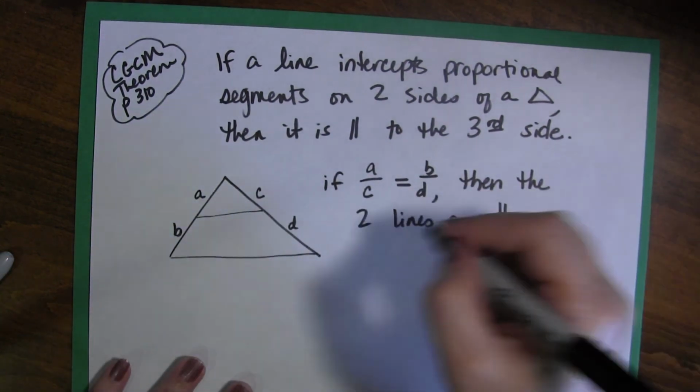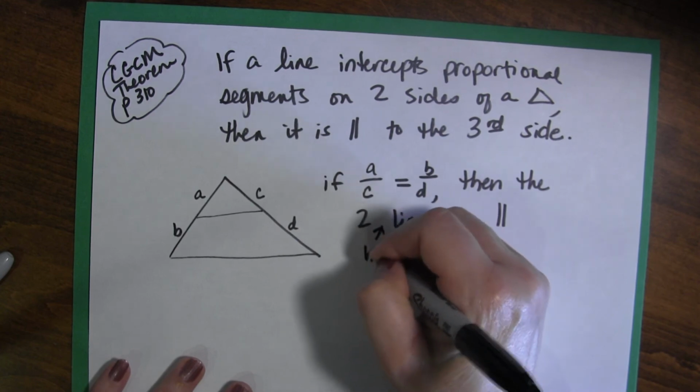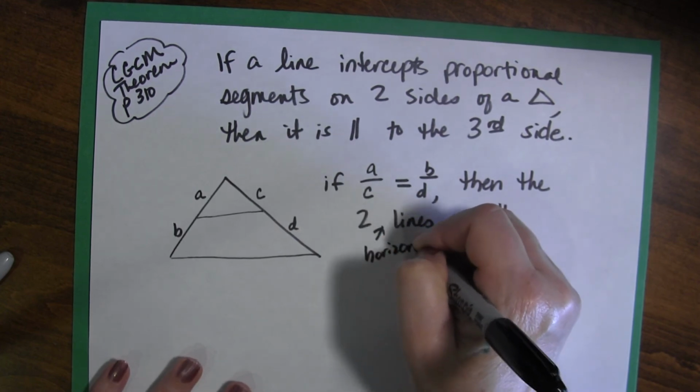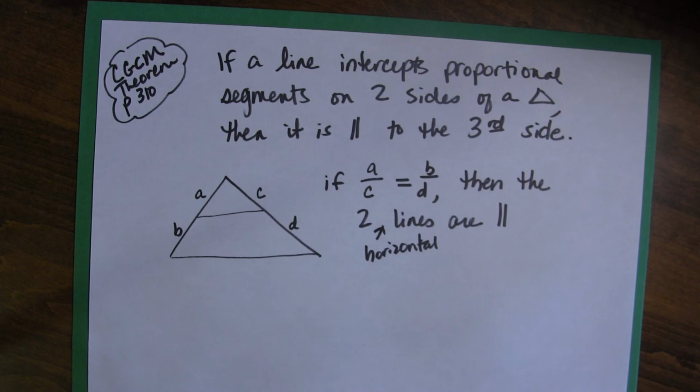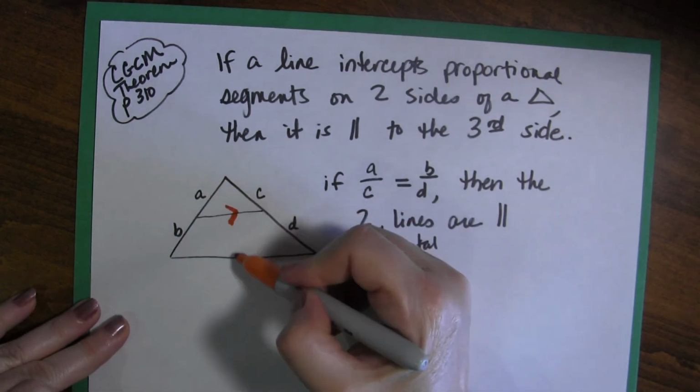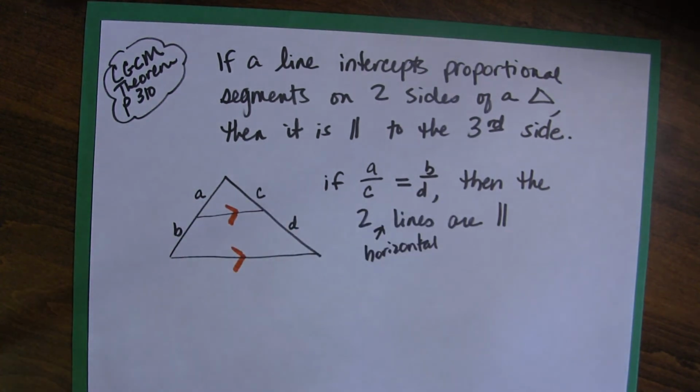The two horizontal lines. Then the two horizontal lines have to be parallel. This has to be parallel to that.